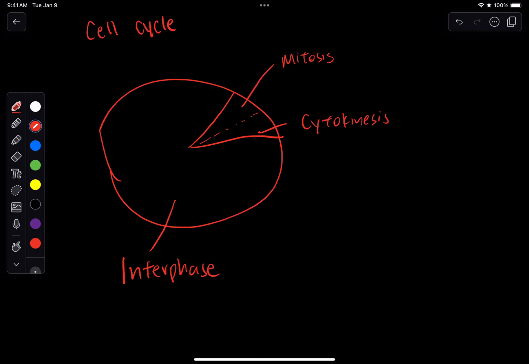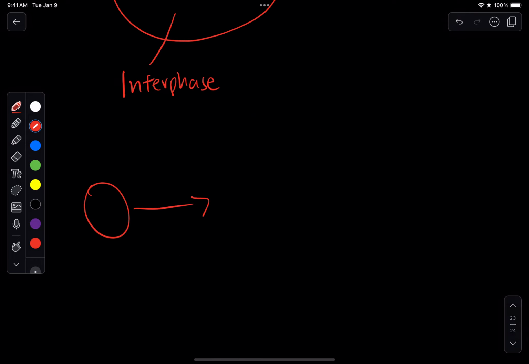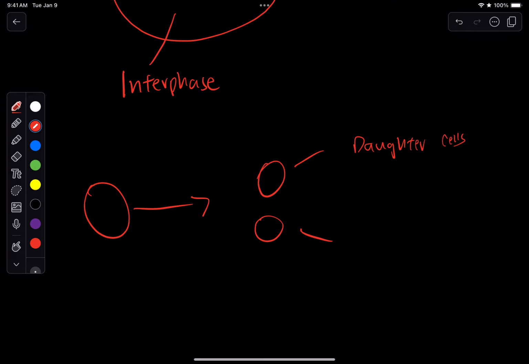During interphase, the cell grows so that it has enough material to divide between the two daughter cells, enough genetic information and enough organelles to form two daughter cells. When one cell becomes two, these are called daughter cells.